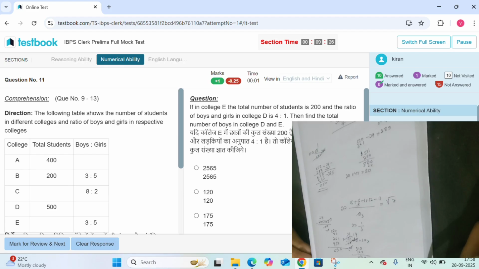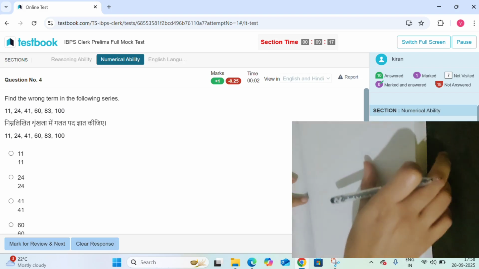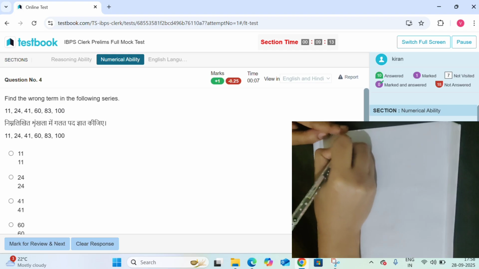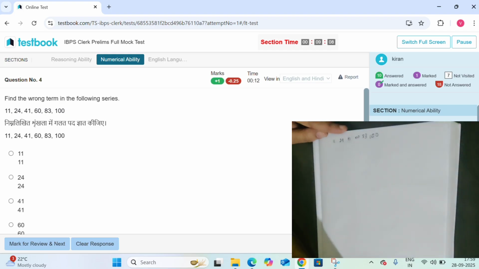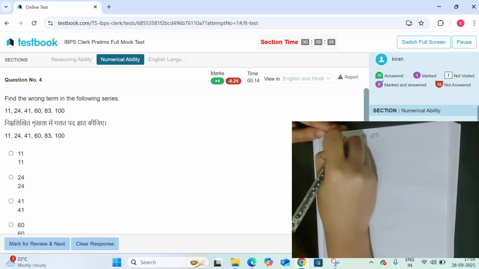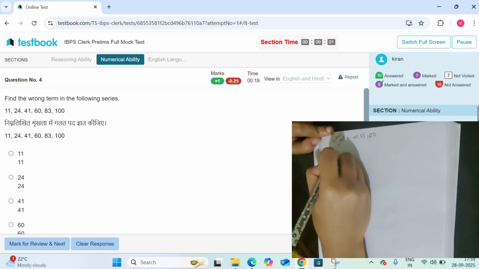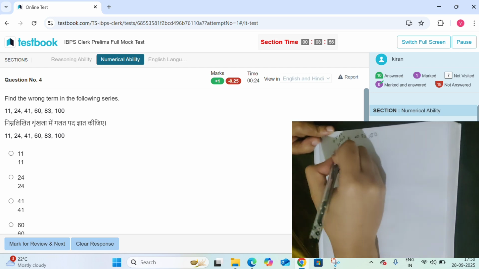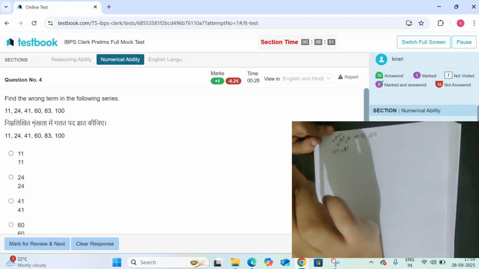Next D I will. 11, 24, 41, 11, 24, 41, 60, 83, 100. 11 into 2 plus 2 into 48, 48 minus 7, plus 13 plus 27, sorry, plus 17, 30, 41, correct?